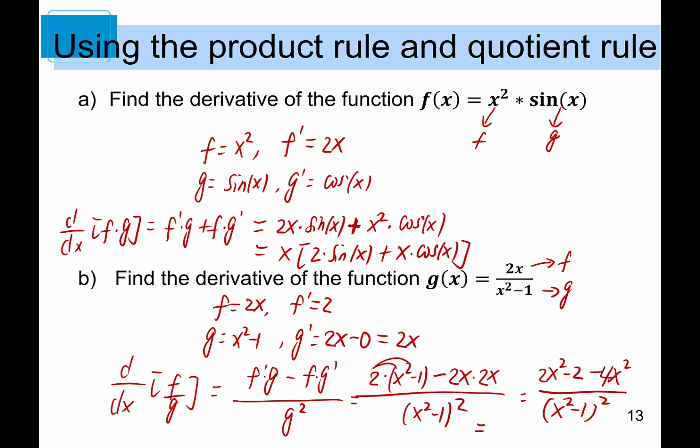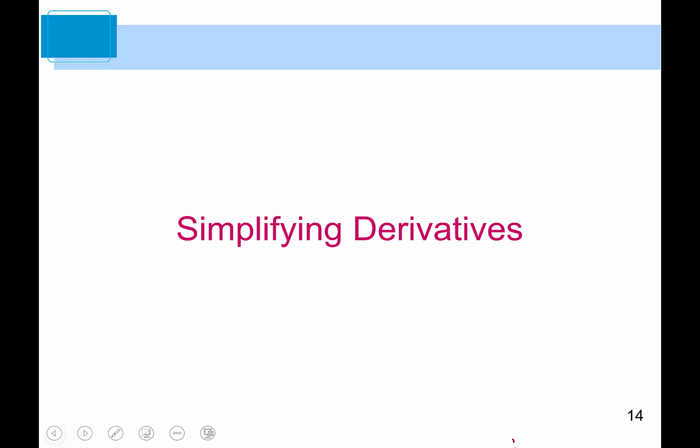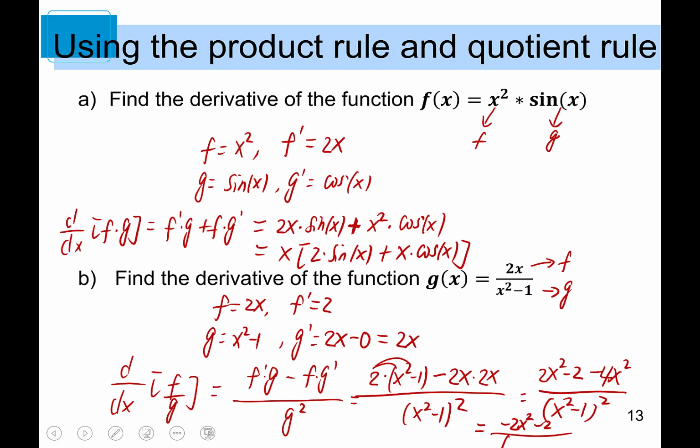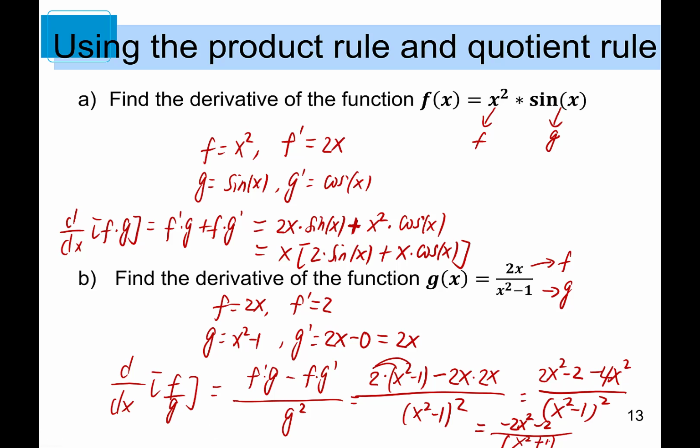Okay, so subtracting, you get negative 2x squared minus 2 over (x squared minus 1) squared. Okay, so that's going to be the final answer.